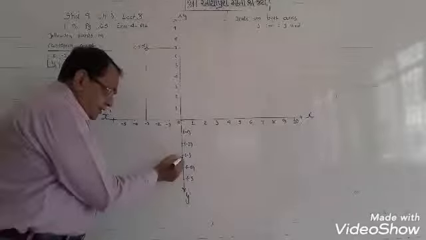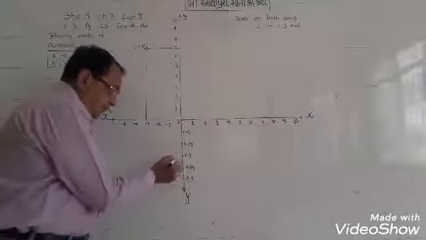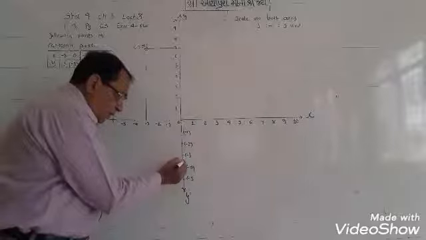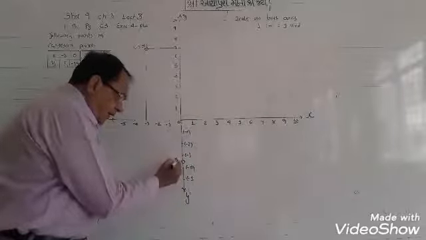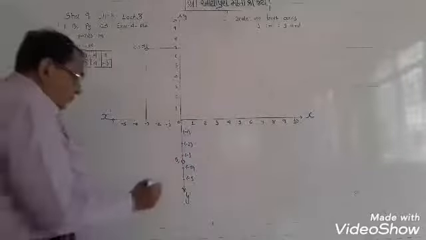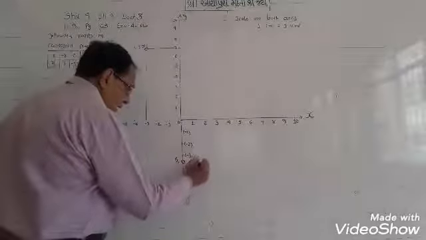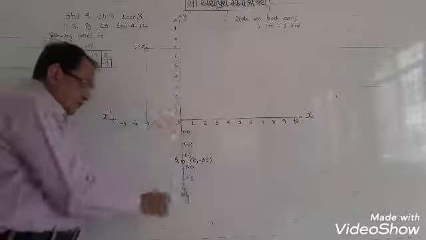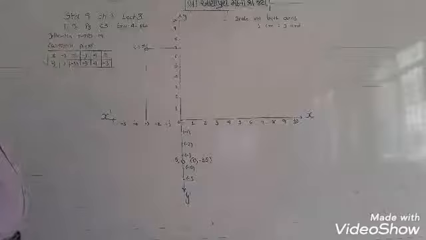From here it is -3.1, -3.2, like this way. In the middle you will get that point B, 0, -3.5. When the x coordinate is 0, the point lies on the y-axis.